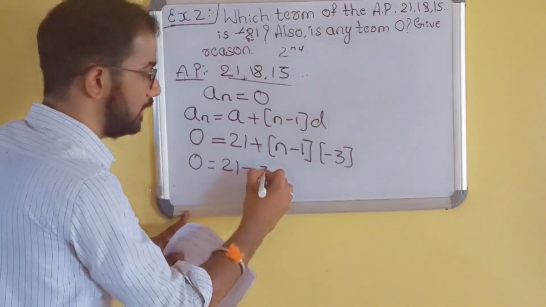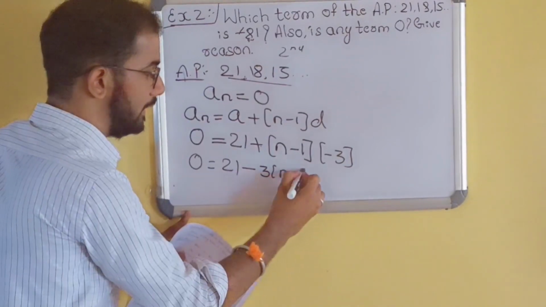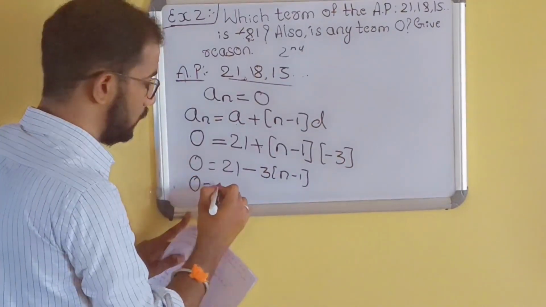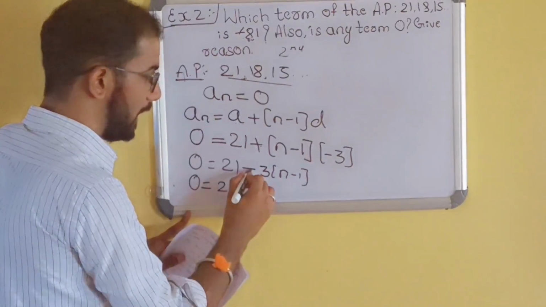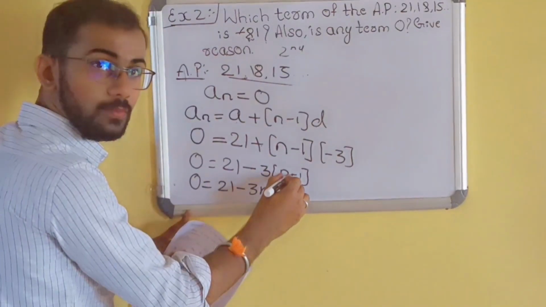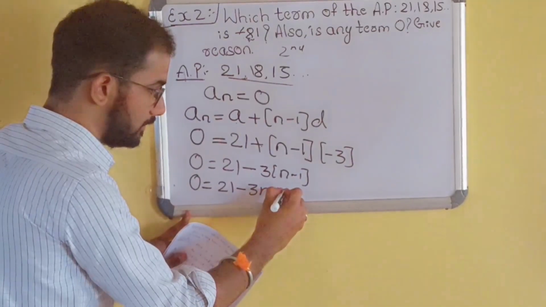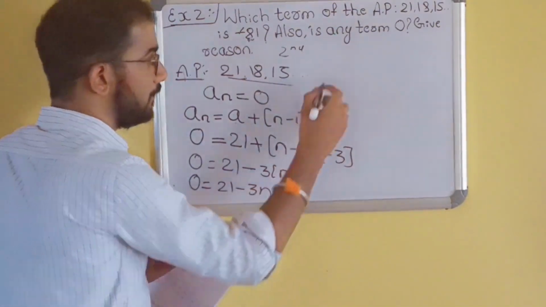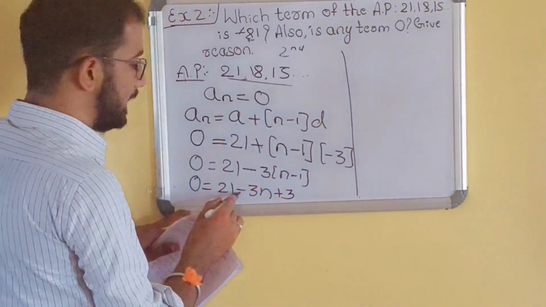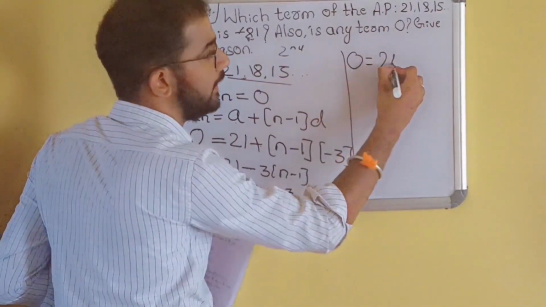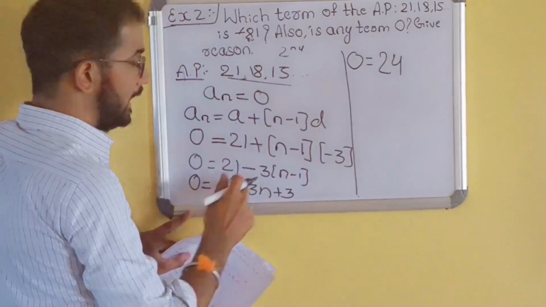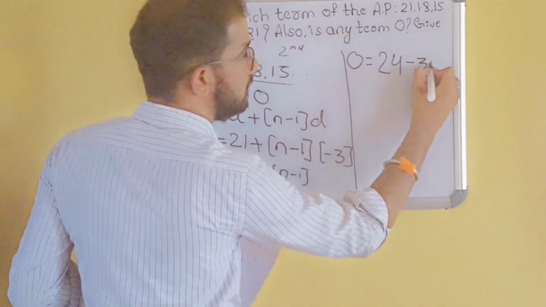This is 3, n minus 1: 0 equals 21 minus 3n, minus into minus, that is plus 3. 21 plus 3, what is 21 plus 3? 24 minus 3n as it is.